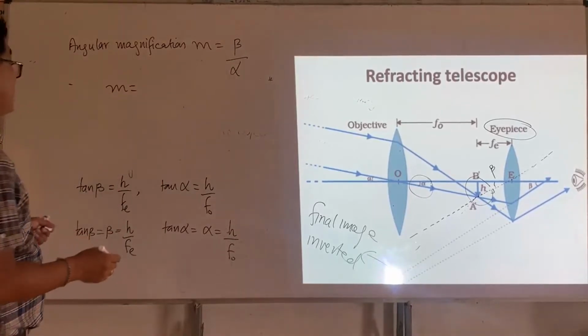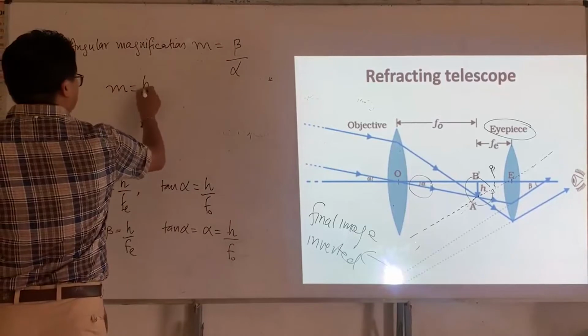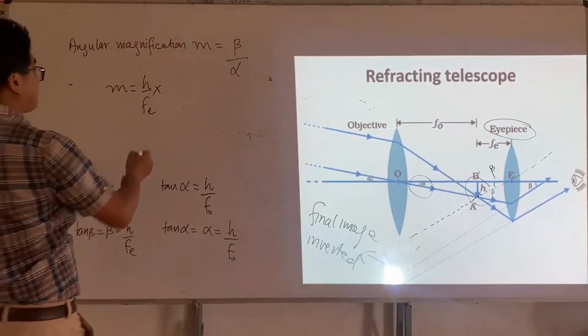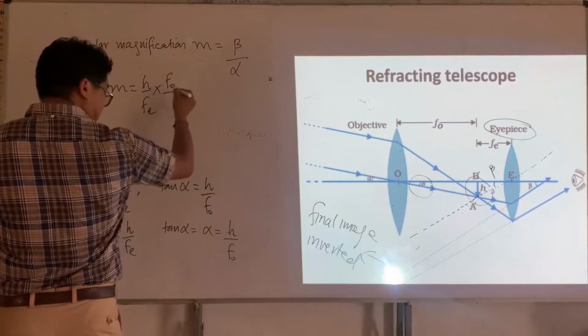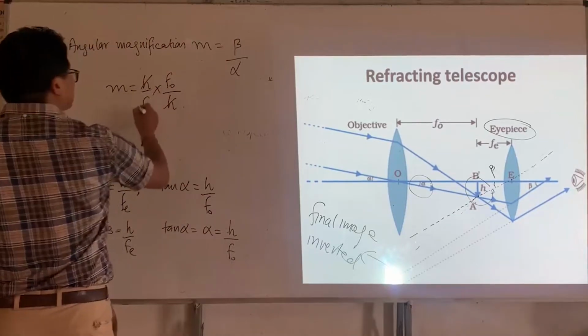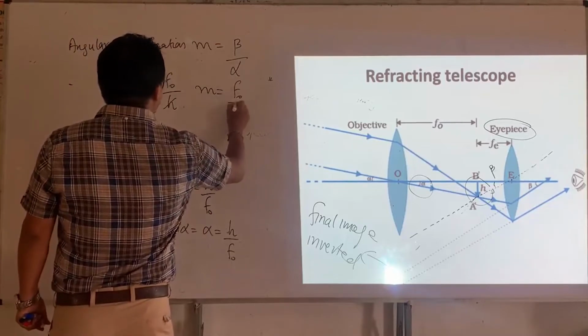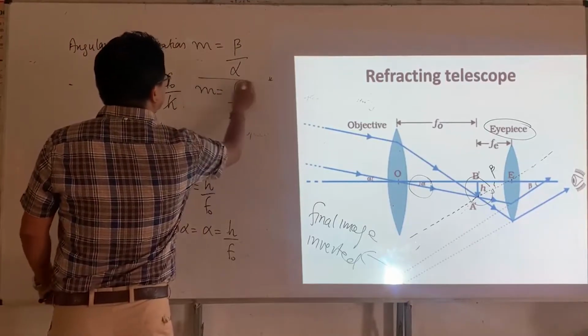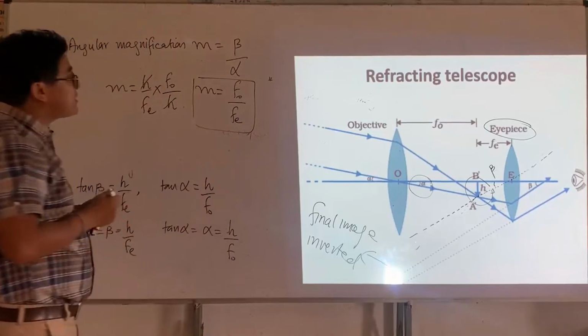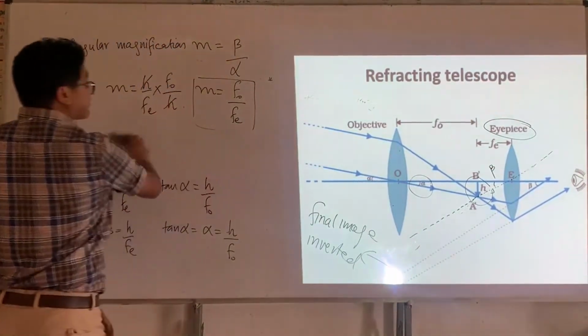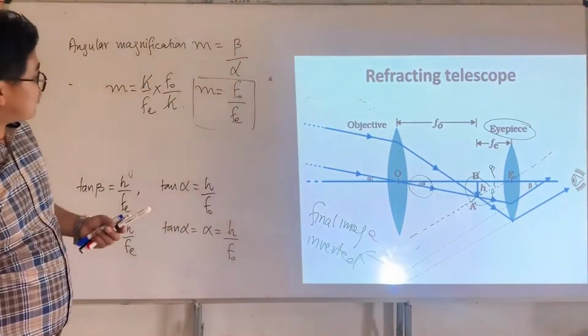Finally, I'll get what is beta? h by fe. What is alpha, which is reciprocal? f naught divided by h. Cancel out. So this angular magnification is f naught divided by fe. So this is the magnification.